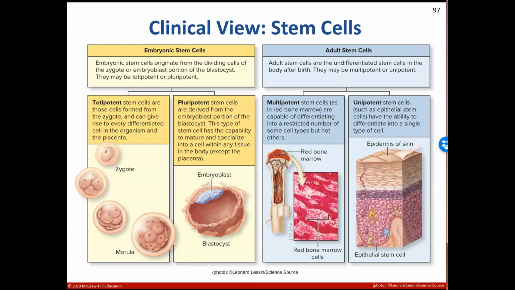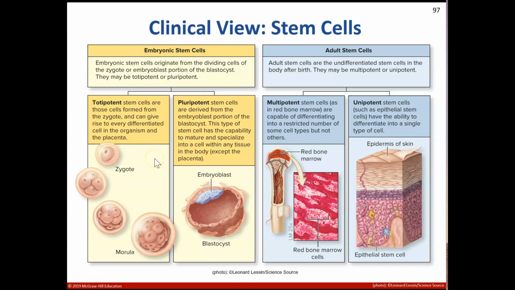And here's a clinical view. We're going to talk a little bit about stem cells. Our embryonic stem cells are going to originate from the dividing cells of that zygote that we produce, or the embryoblast that can be found in the blastocyst. And they may be totipotent or pluripotent.